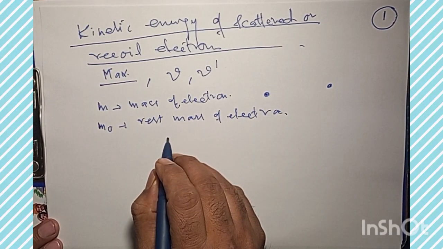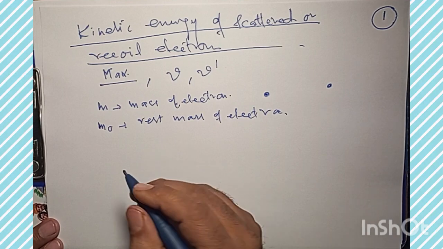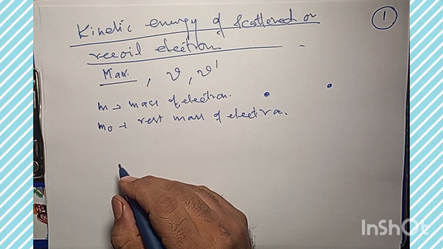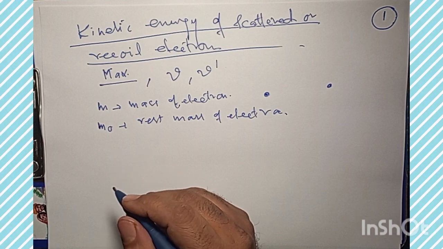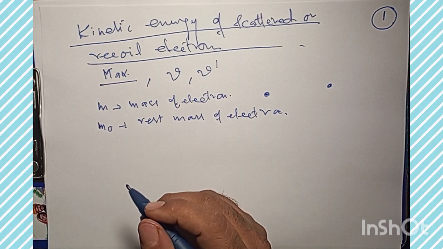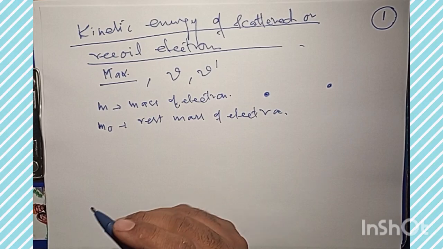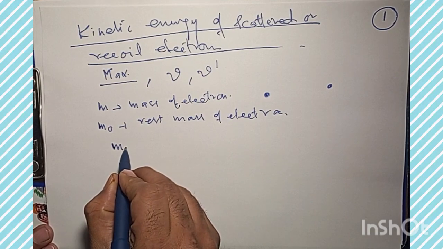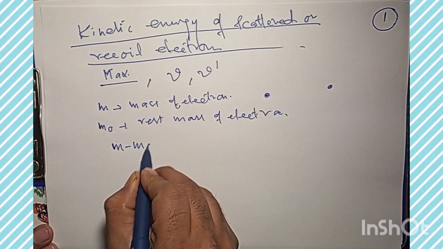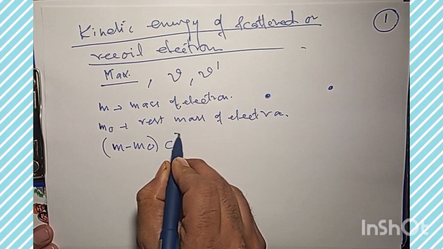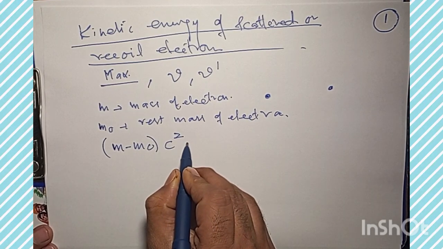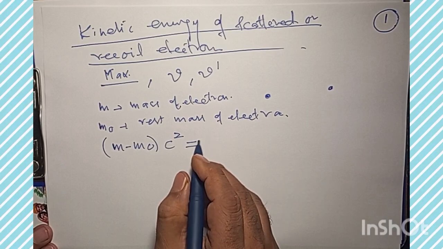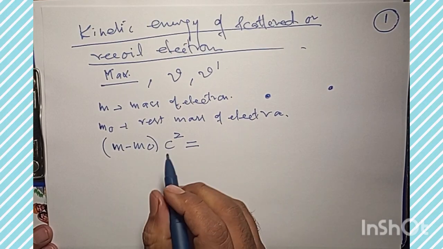So to convert it into a statement, I can say that the kinetic energy of the scattered electron is the difference of the two masses times c square, and this must be equal to the decrease in the energy of the incident photon.